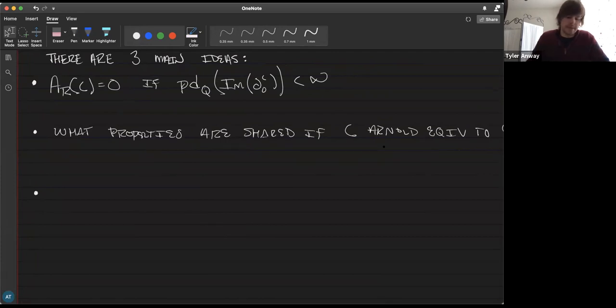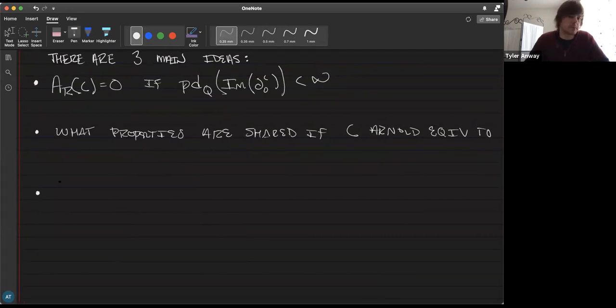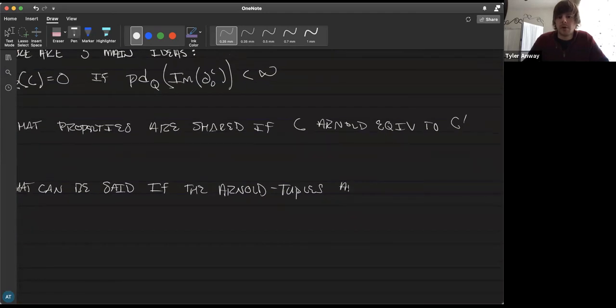And along that same train of thought, what can be said if the Arnold tuples are disjoint?